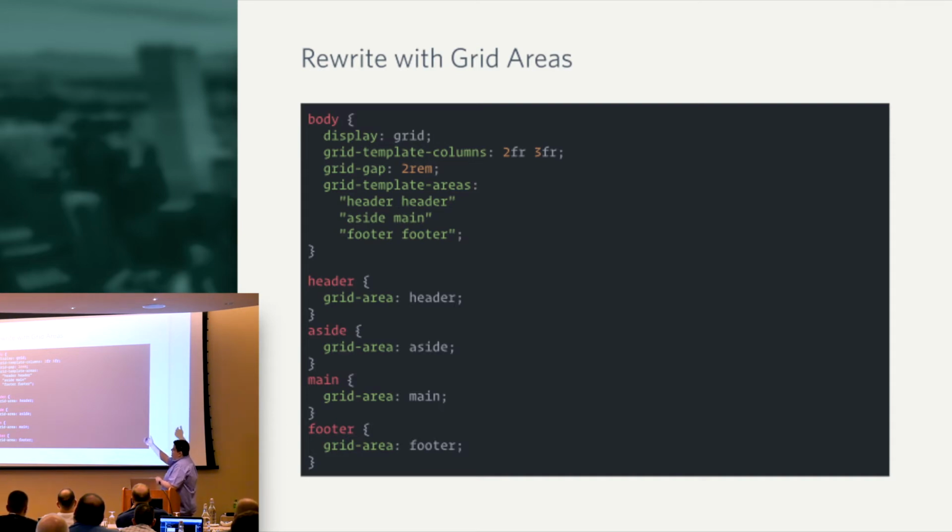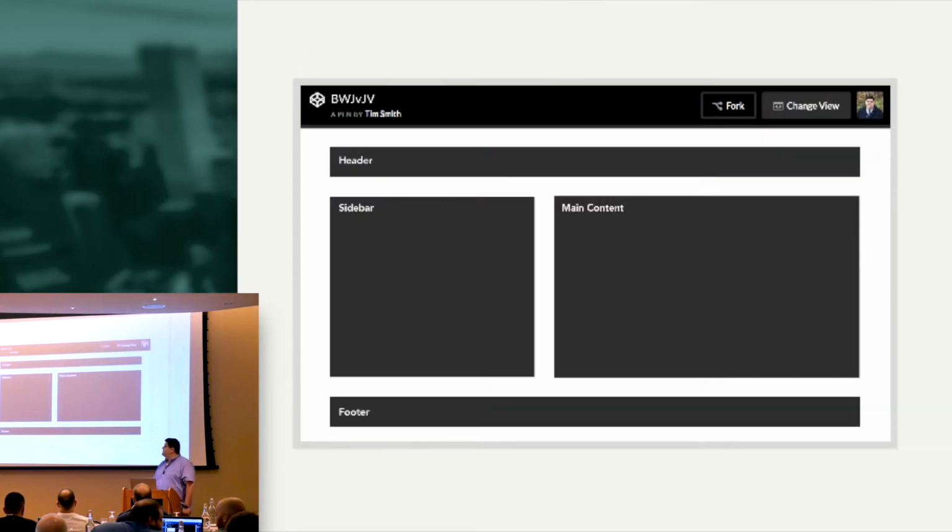Then header, aside, main, and footer get their corresponding grid areas. So wherever the grid area is, that's where those elements are going to be. And here we've specified that the header is going to be 2 columns on the first row. The aside is going to be the first column in the second row. The main is going to be the second column in the second row. And the footer is going to be in the third row, spanning 2 columns. And again, what that looks like is this.